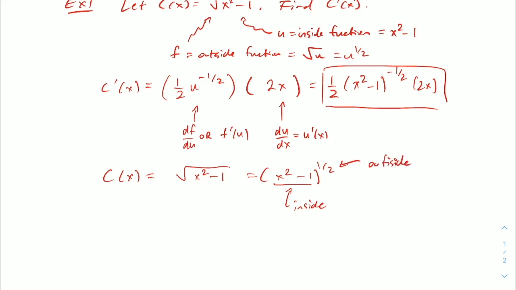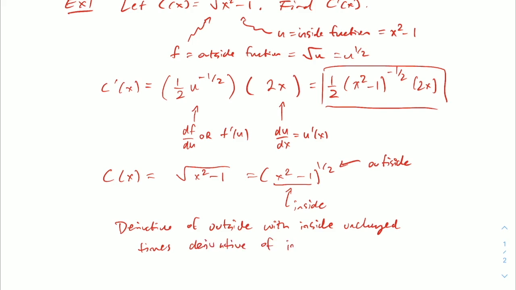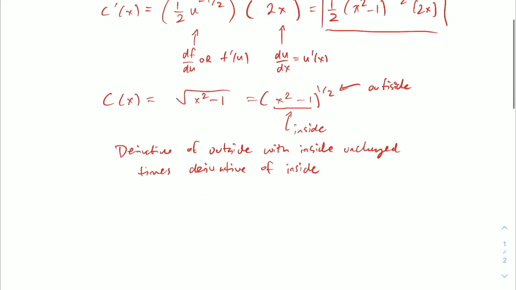So then when I'm differentiating, I think derivative of outside with inside unchanged times the derivative of the inside. Okay, so derivative of outside, 1/2 to the negative 1/2. That's the derivative of the 1/2 power using the power rule. The inside's going to be left unchanged. And then I'm going to multiply by the derivative of the inside, which is 2x.